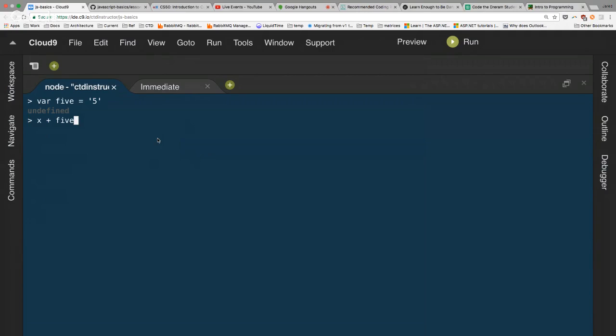So now, what do we think the result of this operation is going to be? 55? All right, let's walk through it, step by step. What is in x? Do we remember? I can bring it back up so we're familiar with it.